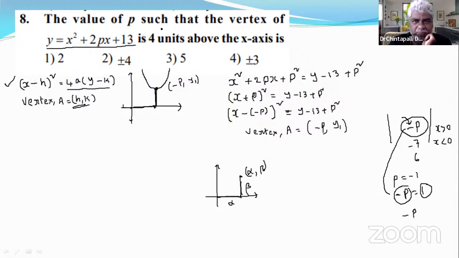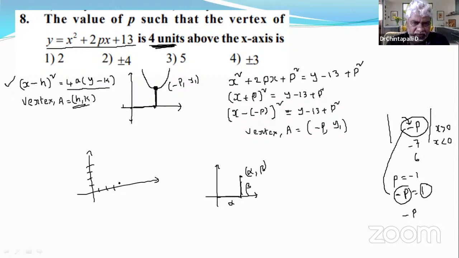See, the value of p such that the vertex is 4 units above x-axis. Its vertex is 4 units above x-axis. Can you identify? See, it is x-axis, it is y-axis. 1, 2, 3, 4.